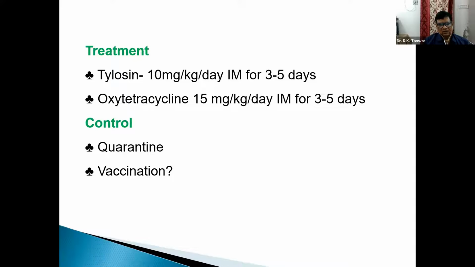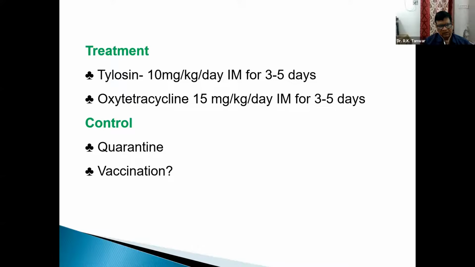Here, the drug of choice is tylosin, which is very effective, or oxytetracycline, but the main thing is that it should be at the dose rate of 15 milligram per kg body weight, or you can give the combination of tylosin and oxytetracycline in case of CCPP. Control: quarantine and vaccination.